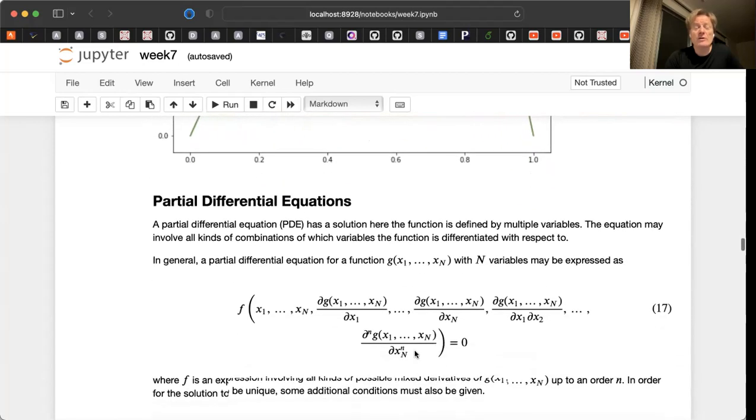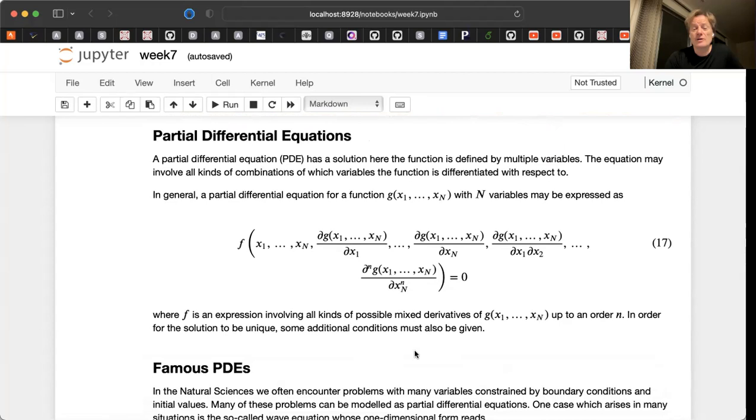What I wanted to do now is to start with partial differential equations and link this up with the diffusion equation. A partial differential equation, as you know, is a differential equation which depends on several variables. The case we are going to look at is a diffusion equation in one dimension.